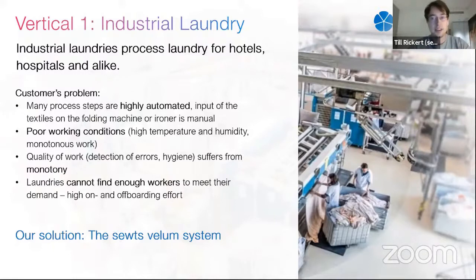We created a system which fully automates the feeding of, for example, towels to folding machines, and we called it the Suits Velum system. And this system also gives our customers the opportunity to scale their production according to the demand, which is a big problem for them. And overall, 2.5 billion euros of labor costs could be automated with that system.